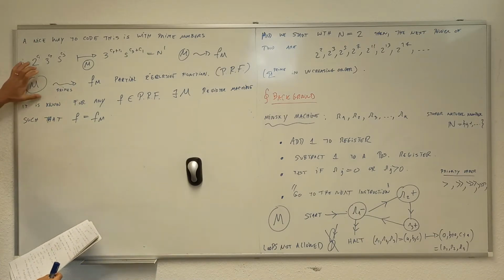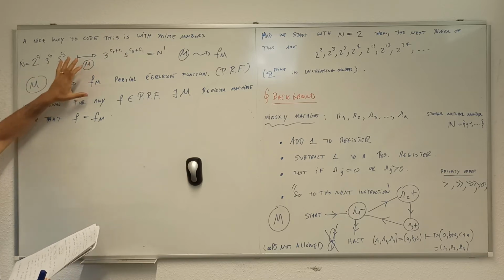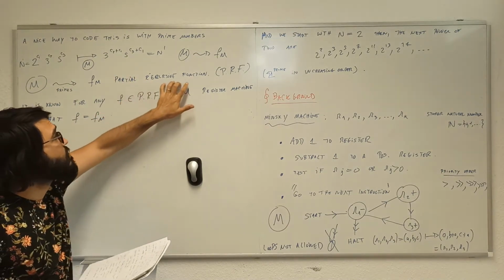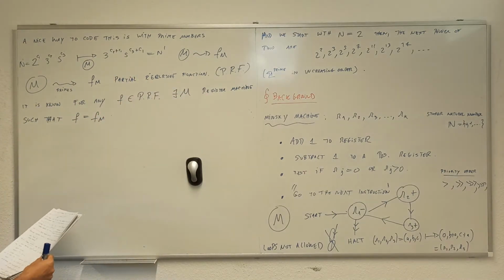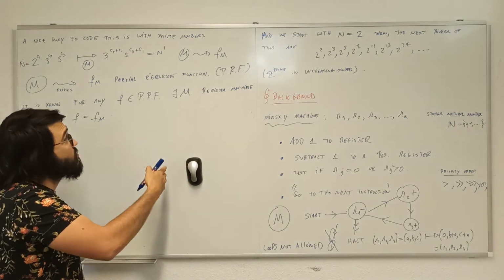So basically the functions associated with Minsky machines are exactly the set of partial recursive functions, which I will define in a moment. This is a big result in computation theory.